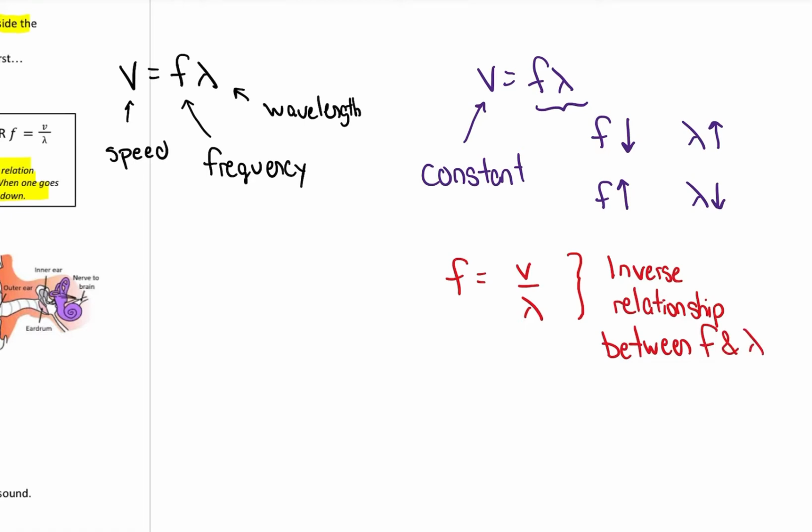One's on the numerator, the other's on the denominator. That's a classic mathematical inverse. Like in math class, when you graph functions, you'll graph y = 1/x. That's an inverse. As one gets bigger, the other has to get smaller. So mathematically, logically, there's a connection between frequency and wavelength. We're going to assume that the speed of sound is constant.